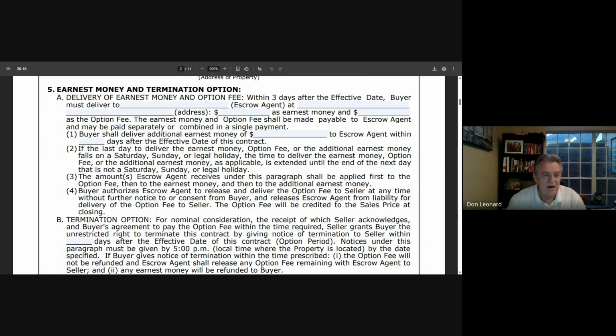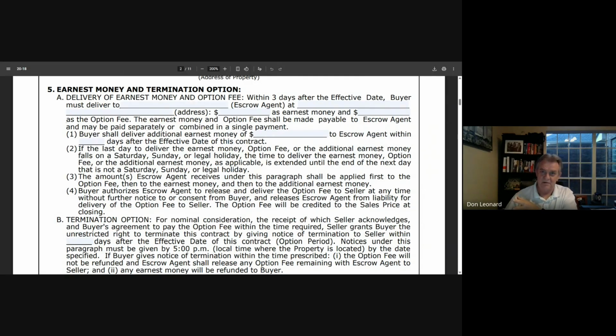All right, delivered to escrow agent. We see a lot of mistakes on this one because when we think of escrow agent, we think of agent, we think of person. And so we put a person's name in there. That is not the escrow agent. The escrow agent is the title company. A lot of times we see title company dash your favorite closer's name.